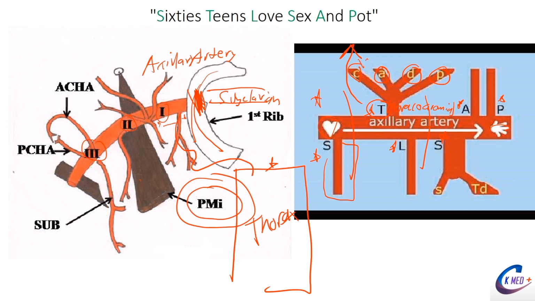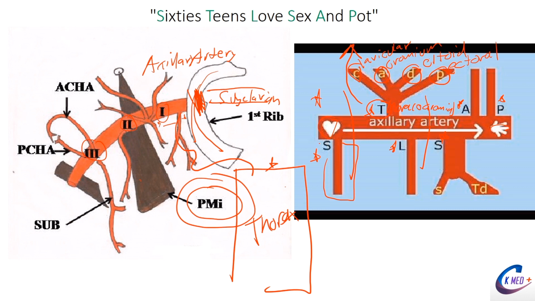So that is your clavicular. So you might ask yourself, where does that go? Well, it supplies your clavicle. Again, all in this area. It goes to your acromion. So acromial process is where this artery goes to. It goes to your deltoid. So you might ask yourself, where is this going to? That's your deltoid muscle.